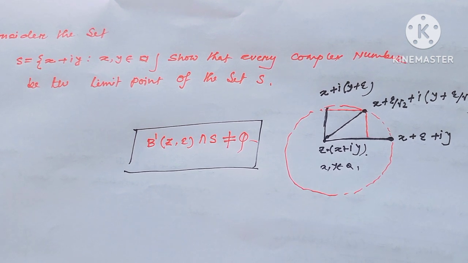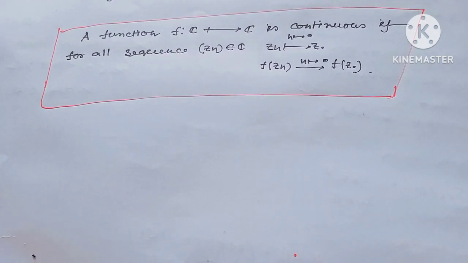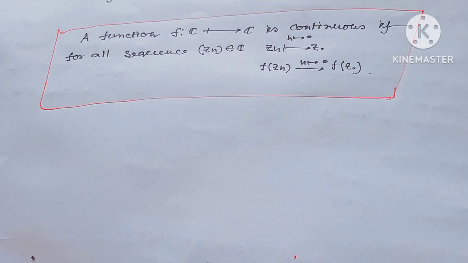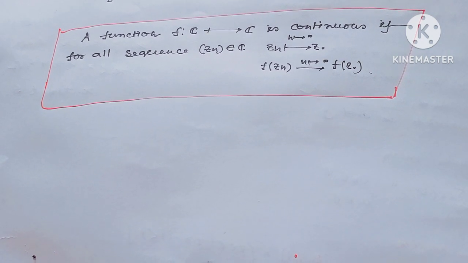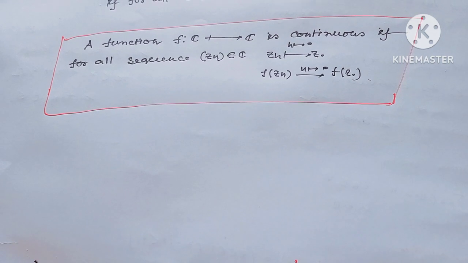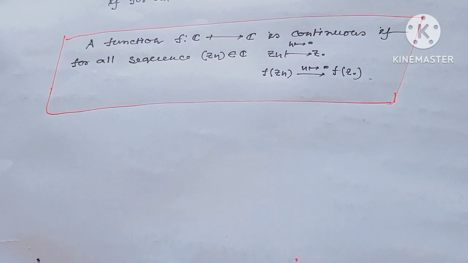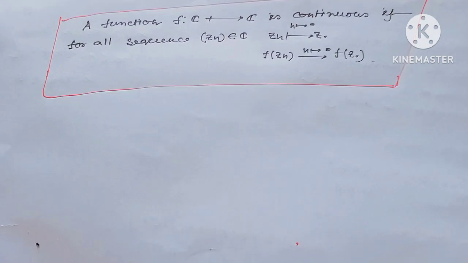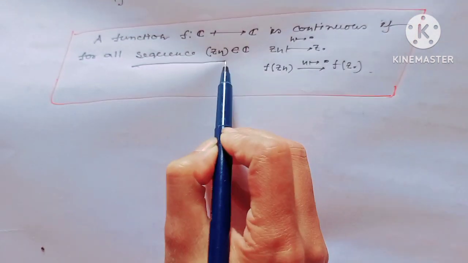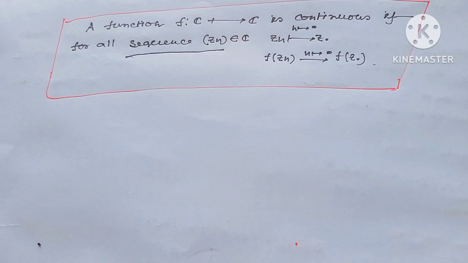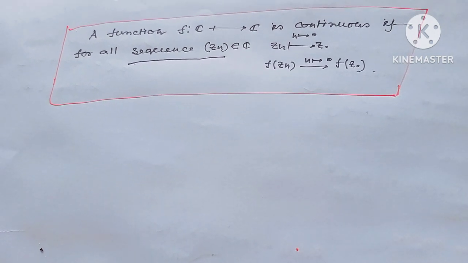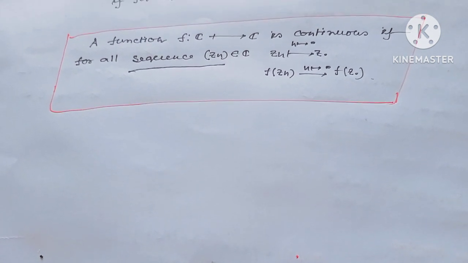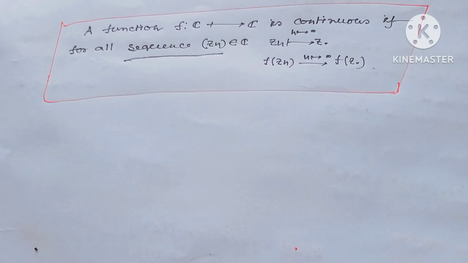Okay. Similar to real analysis, continuity in complex analysis I will always define sequentially. A function f defined from complex numbers to complex numbers is continuous if for all sequences Zn in the complex numbers such that Zn goes to Z0 as n goes to infinity, it implies f of Zn goes to f of Z0.